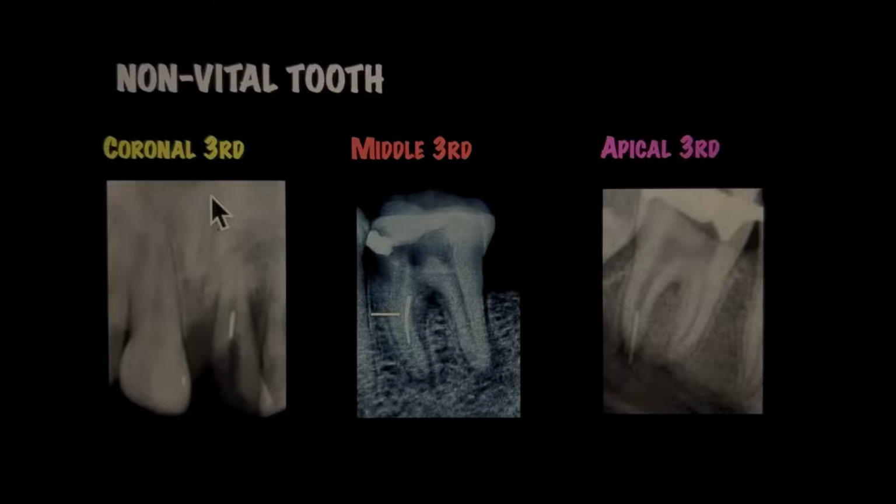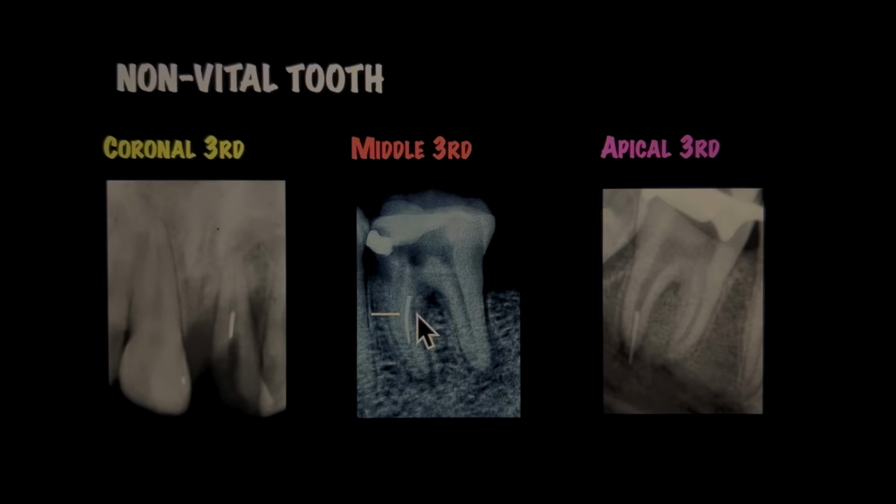Significant cleaning and shaping means, as I said before, between each instrument you clean the canal with at least a full syringe of high concentration sodium hypochlorite, and you shape the canal to at least size 30. So if significant cleaning and shaping is done and you fracture a file within the canal, in case of the coronal third it is the same as a vital tooth: you have to remove the fracture fragment from the canal.